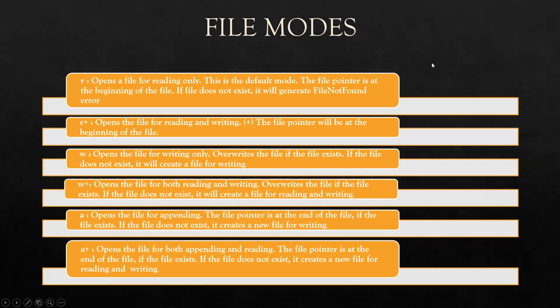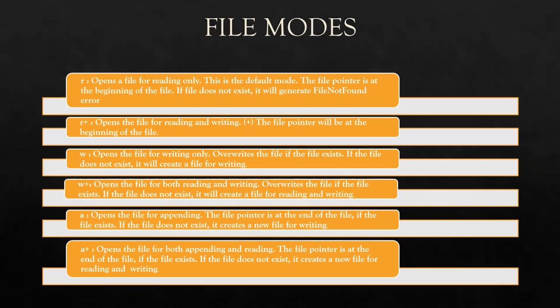Whenever we open a file, we have to open it in a particular file mode. That means if we are opening the file in read mode, then we will write R. If we are opening it for reading and writing both, we will write R plus.